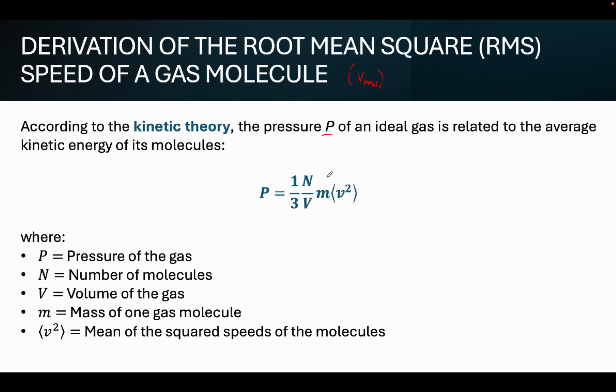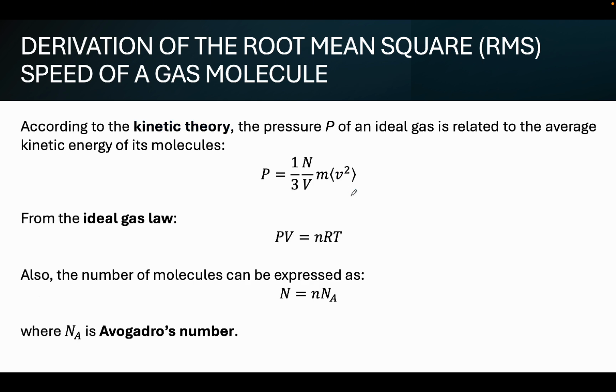So P is equal to 1/3 N over V times m times the mean of v squared, wherein P is the pressure of the gas, N is the number of molecules, V is the volume of the gas, m is the mass of one gas molecule, and this one right here is the mean of the squared speeds of the molecules. Okay, so that is our starting formula from the kinetic theory of gases.